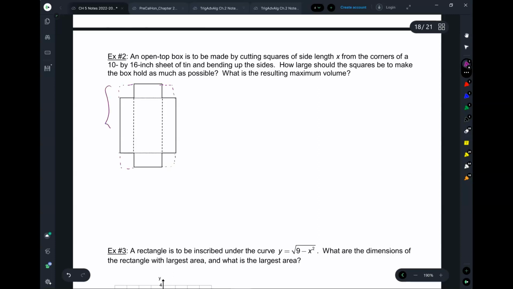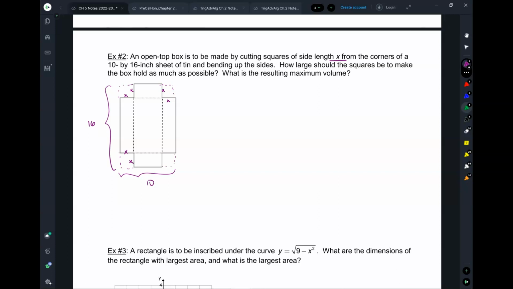The entire length here was 16, and this was 10. Now what I did is I have cut out squares of length x. So basically I cut out a square of length x and x here. And here, these are all x units long.